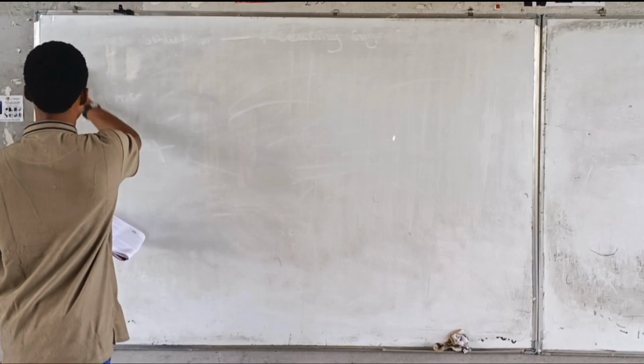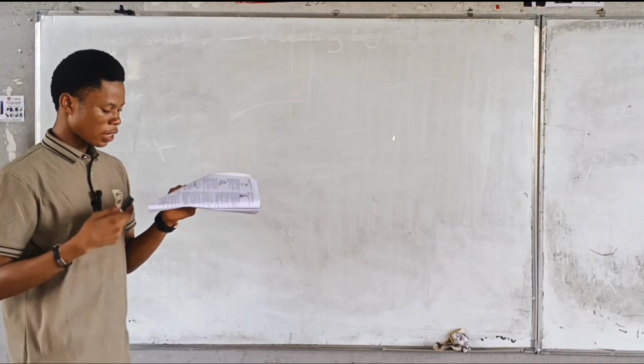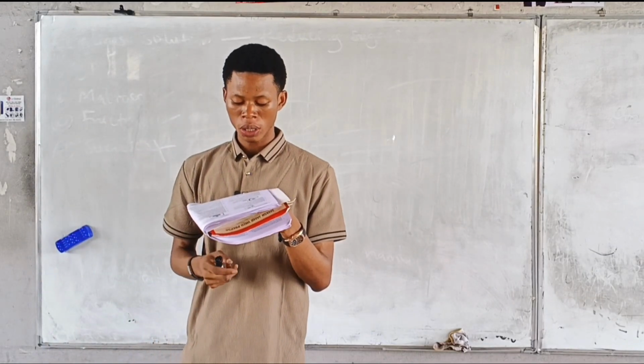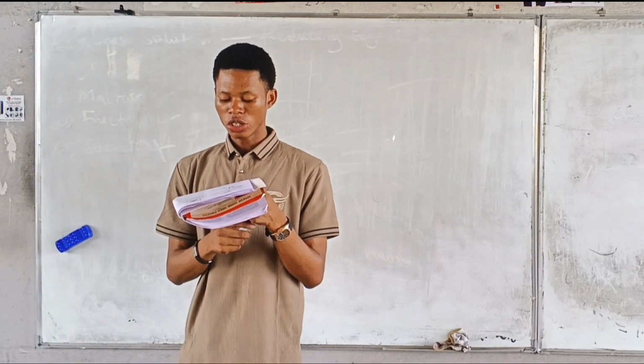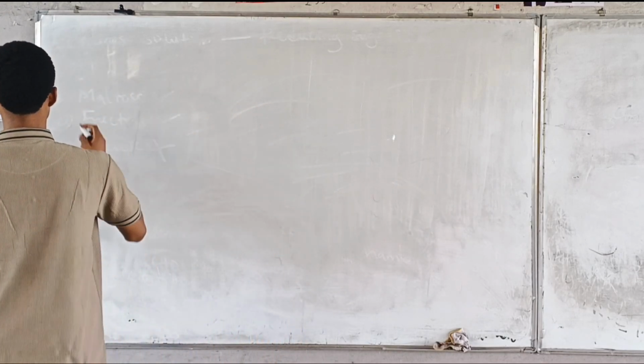Can we move on? Question 3. In testing for glucose, the necessary reagent and the condition under which the reagent reacts best are dash.